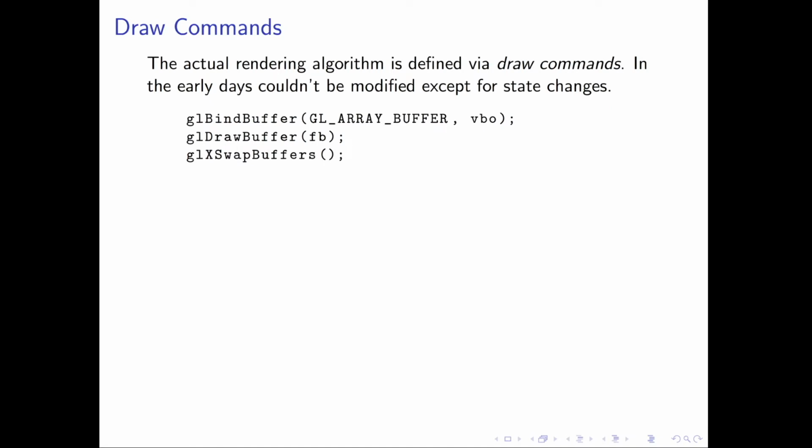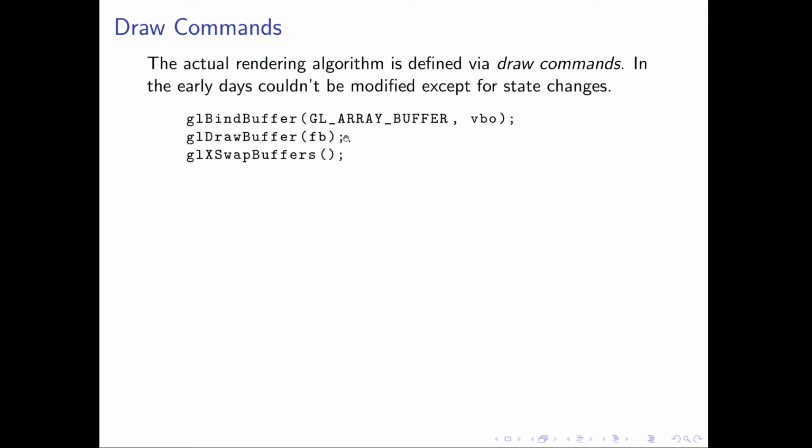We already said that GPUs usually implement the rasterization algorithm. In the early days, we just couldn't modify how the rasterization algorithm was called. So what we would do is set up our vertex buffers, our normal buffers and other array buffers, then bind them and just call GL draw buffer.